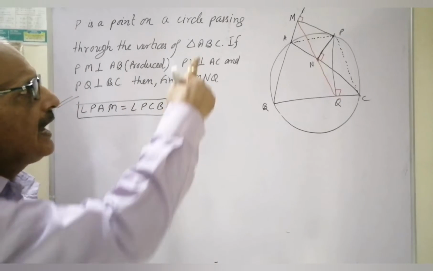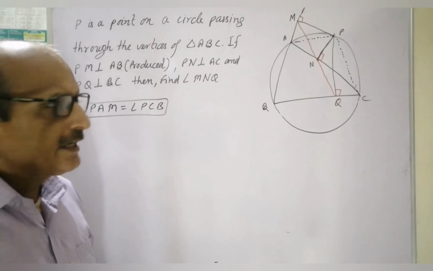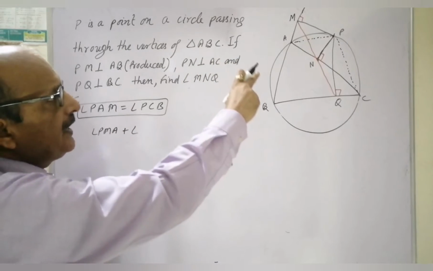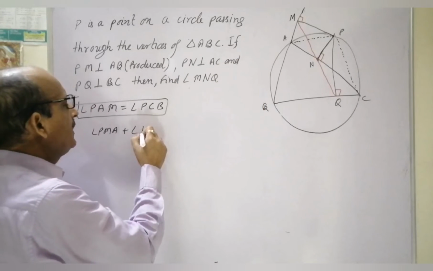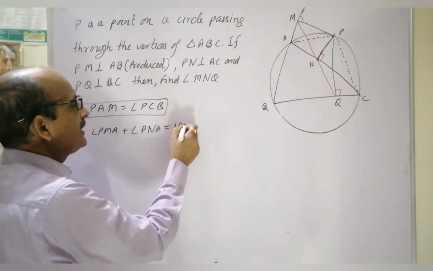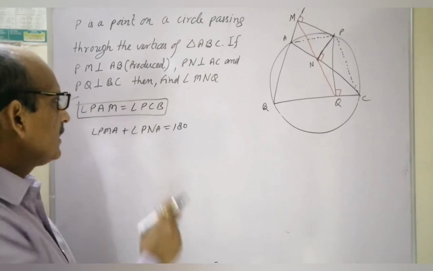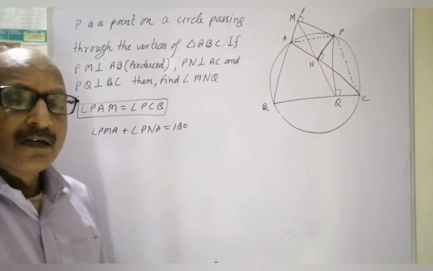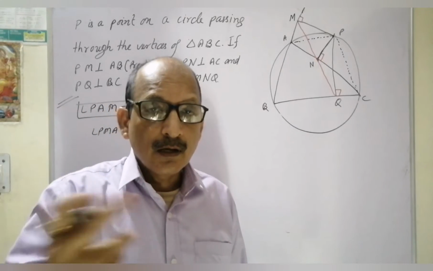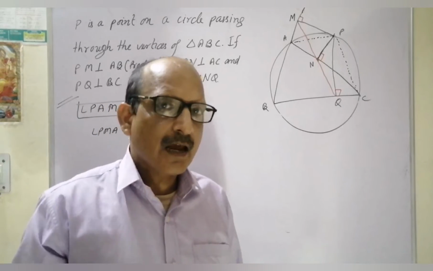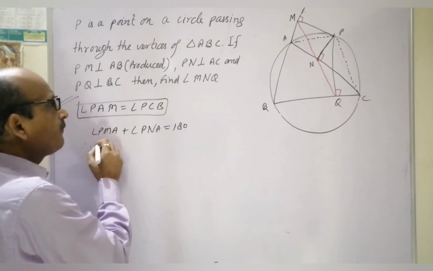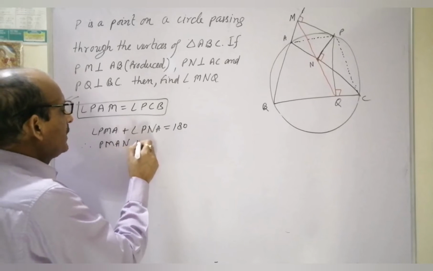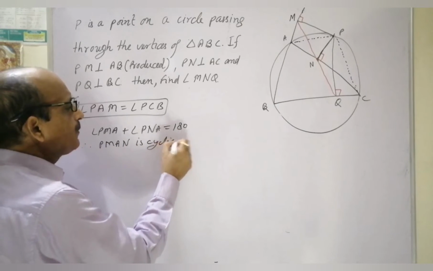Here angle PMA is 90 degrees, and angle PNA is also 90 degrees, so angle PMA plus angle PNA is equal to 180 degrees. In a quadrilateral whose sum of opposite angles is 180 degrees, it is cyclic. Therefore we can say PMAN is cyclic. Now it is proved cyclic.